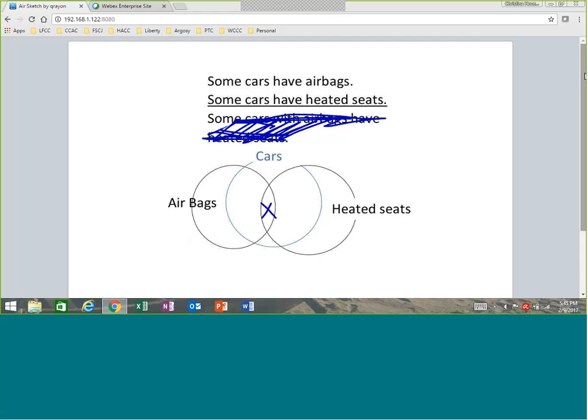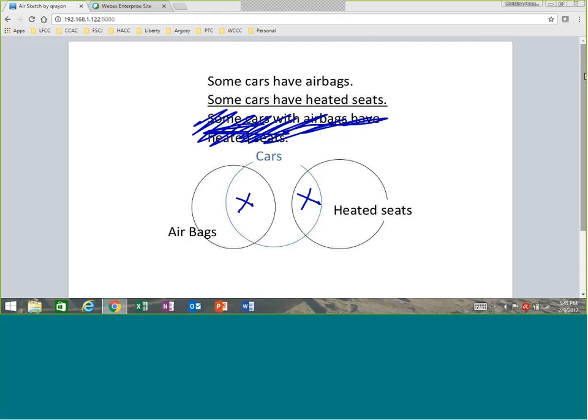Now let's see if there's any contradiction with the conclusion. Some cars with airbags have heated seats. No contradiction there. But what about this one? Some cars with airbags have heated seats. Same problem. Notice that there is a contradiction with this particular picture of the situation, where I don't have cars with airbags with heated seats.